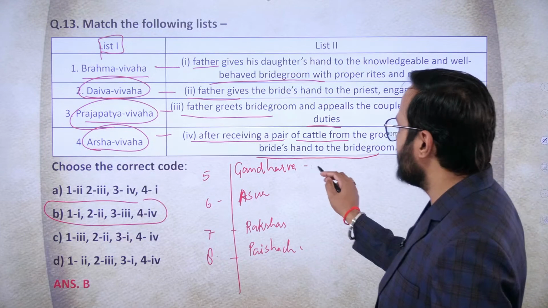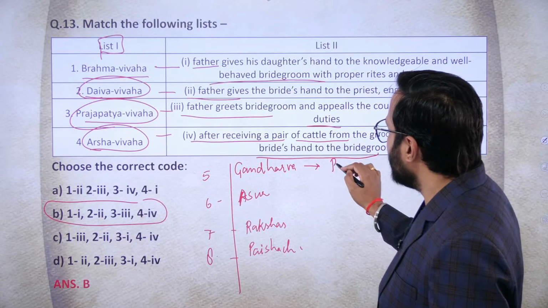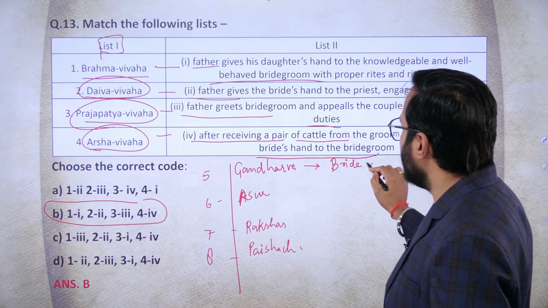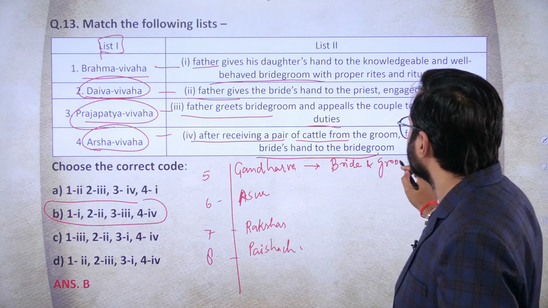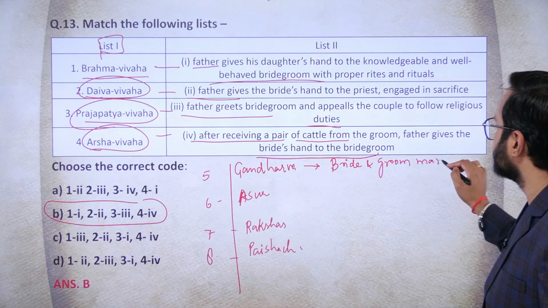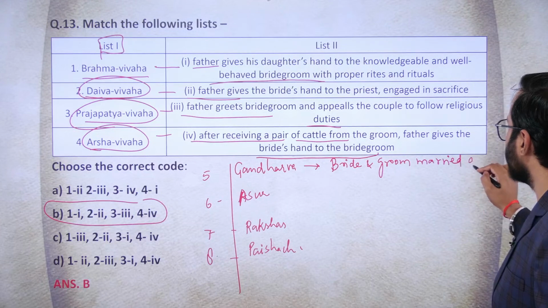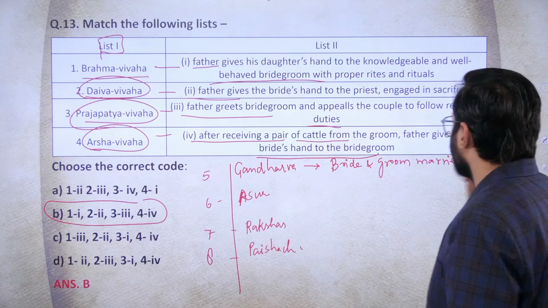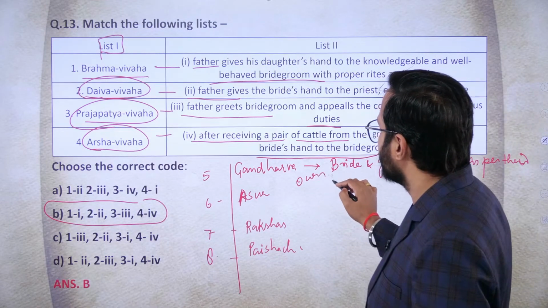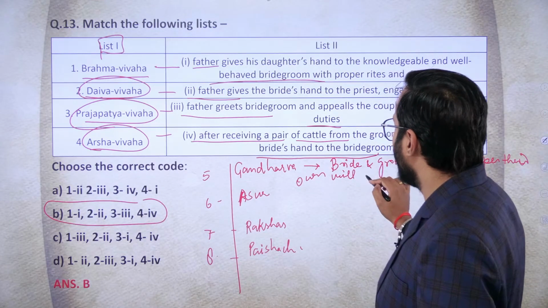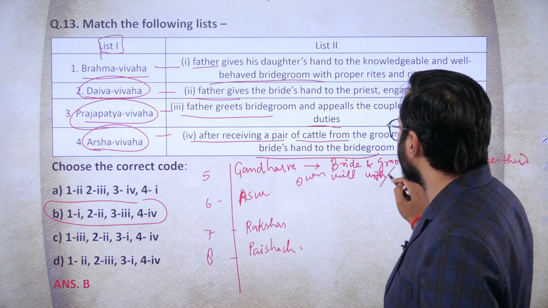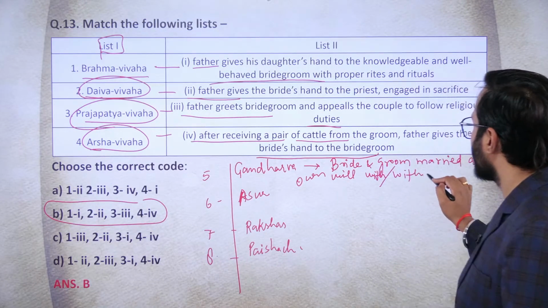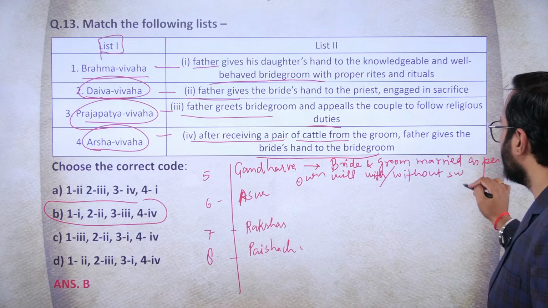In the Gandharva Vivah, basically the bride and groom married as per their own will, with or without the support of parents.